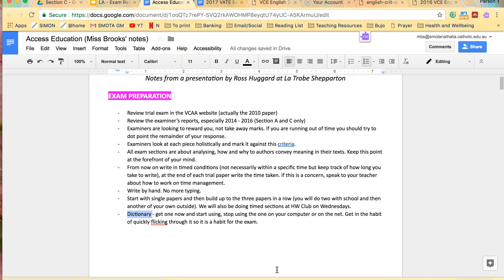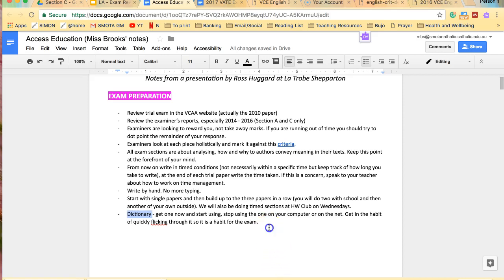And he said, if there's a word that comes out in the background information in the question, wherever it is, and you don't know exactly what that word means, you look it up and you write it down, because you need to make sure you know exactly what that task is asking you, or if it's the background information of section C and you don't know what a transcript is or what a forum is, then you look those words up, you find out what they mean so you can talk about them in a meaningful way. Because if you don't understand what the word means, you can't possibly address all the elements of the task if that word is part of the question or a formative part of our understanding the text.